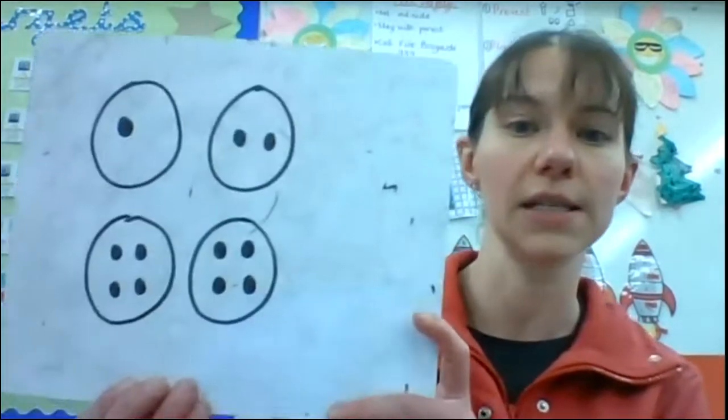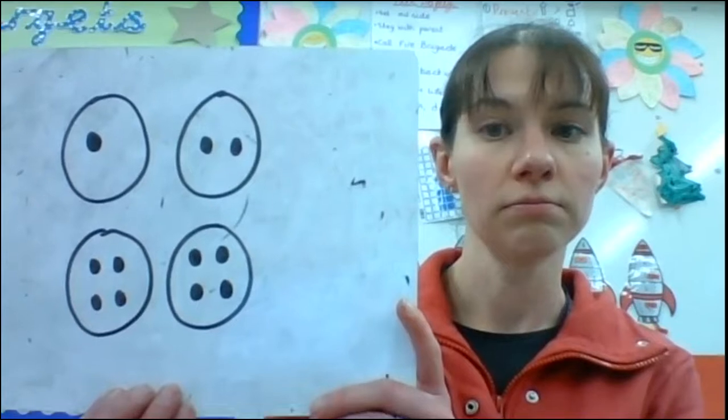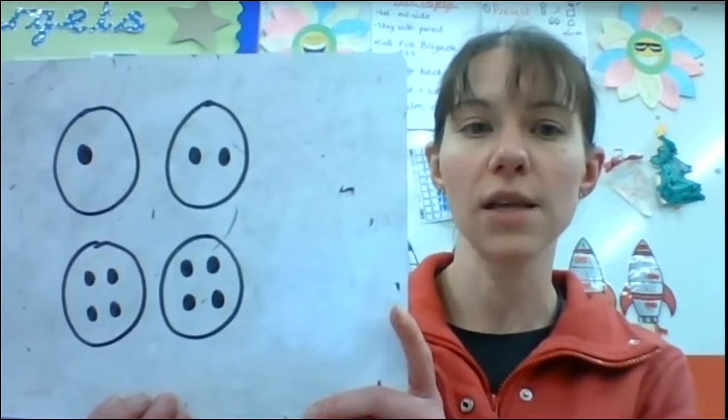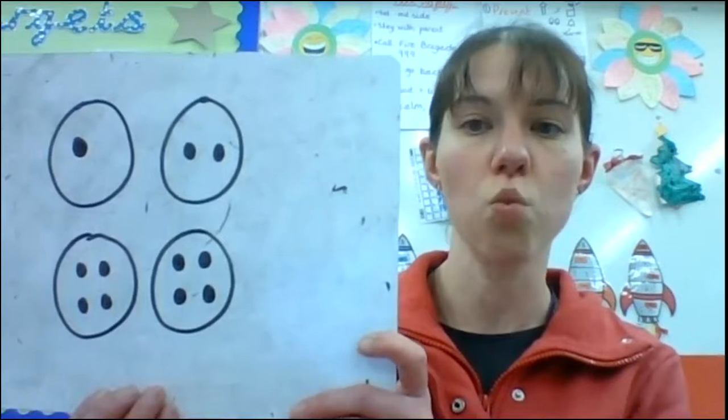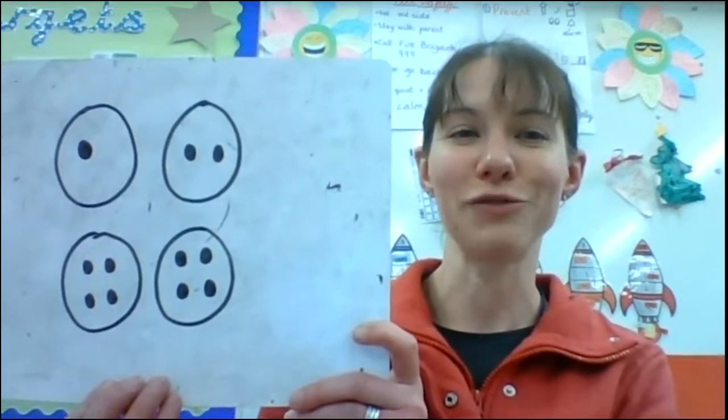On this board then, just to double check you understand, are these groups equal? You're right, they're not equal, but why? That's the important bit that we need to understand. Why aren't they equal? Well done for spotting it.